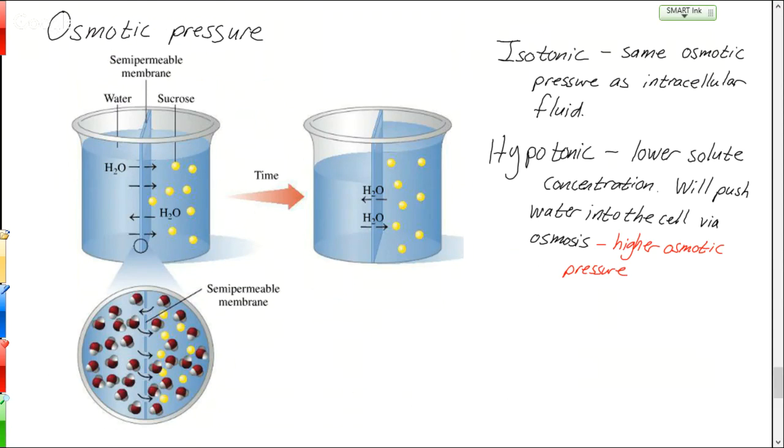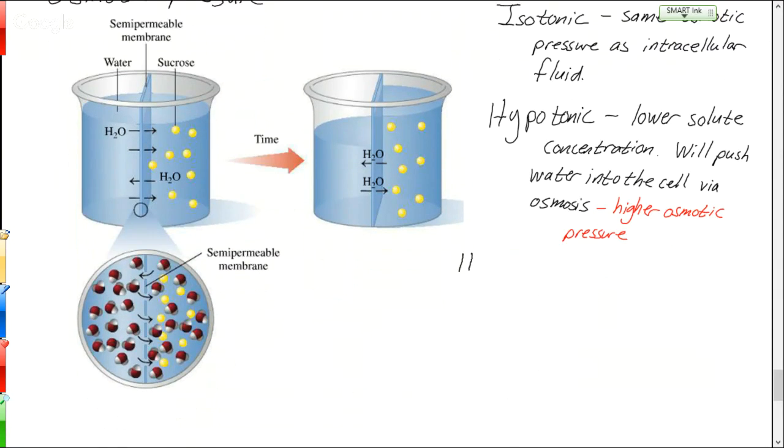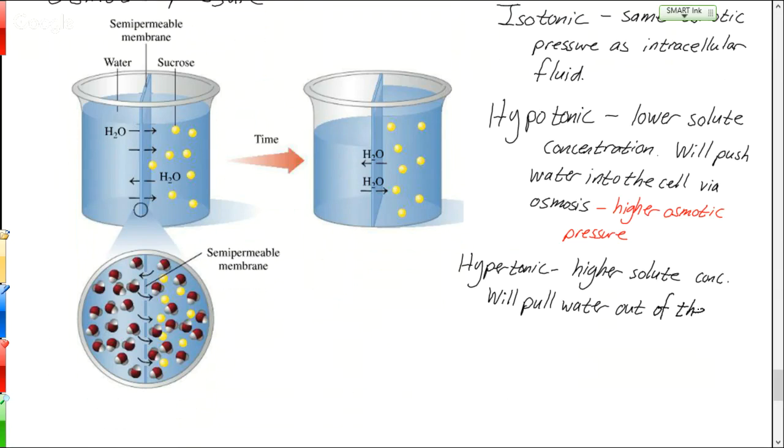And then the opposite of that is hypertonic, which is a solution with the higher solute concentration. And this will pull water out of the cell, because now it's sort of like the opposite.